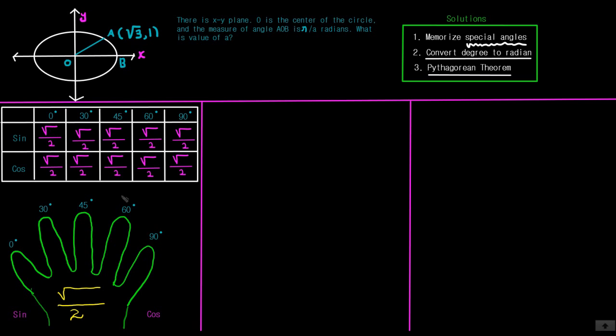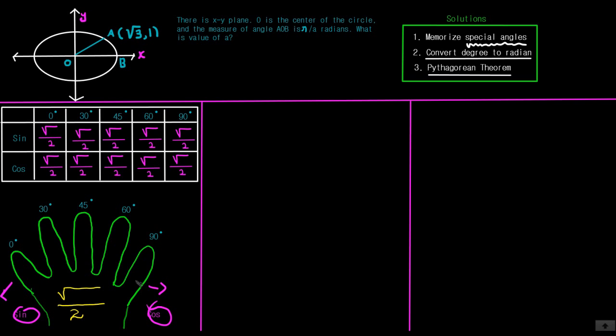So at first, let's think about it this way. I'm going to give you an example: what is sine of 0 degrees? Well, we pick the left finger, the left pinky, which is 0. The left side is going to be sine, and the right side becomes cosine.